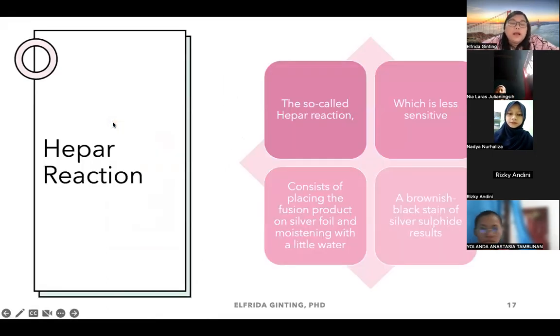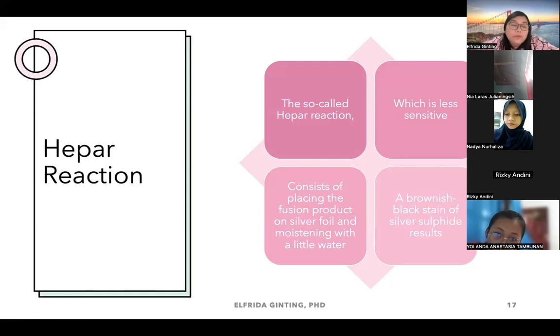Okay, next, we have what we call the hepar reaction. The hepar reaction is less sensitive. How we do the hepar reaction is by placing the fusion product on silver foil.